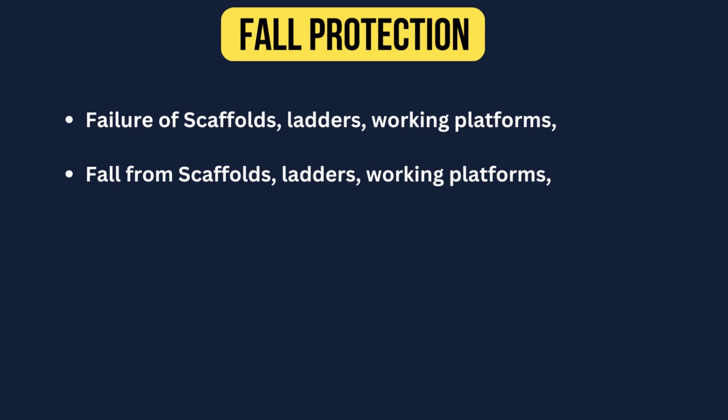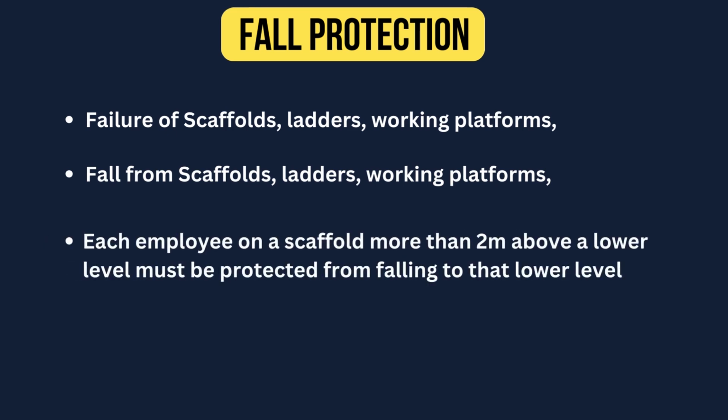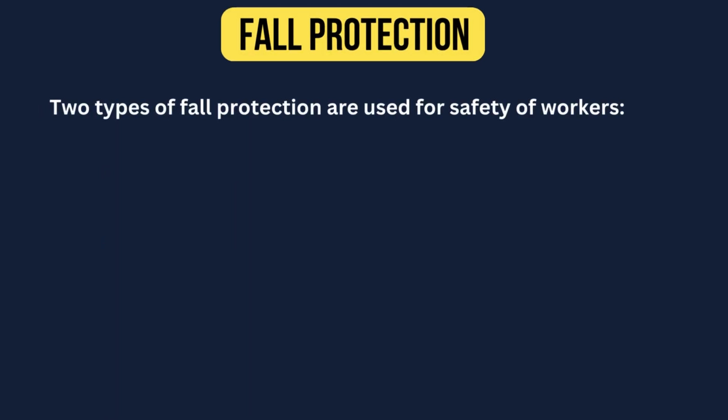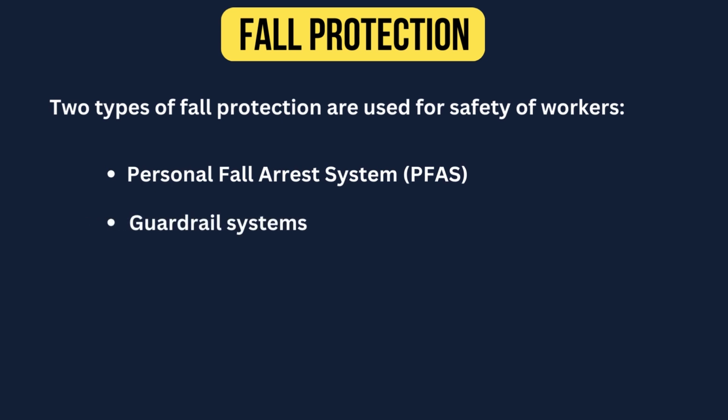So, for fall protection, what we can do, each employee on the scaffold more than 2 meters above a lower level must be protected from falling to that lower level. Two types of fall protection are used for safety of workers. One is personal fall arrest system, which we call PFAS, and second is guardrail systems.